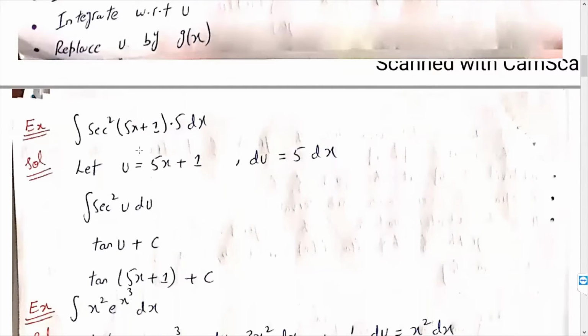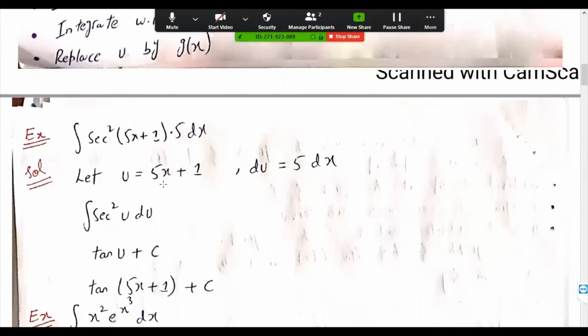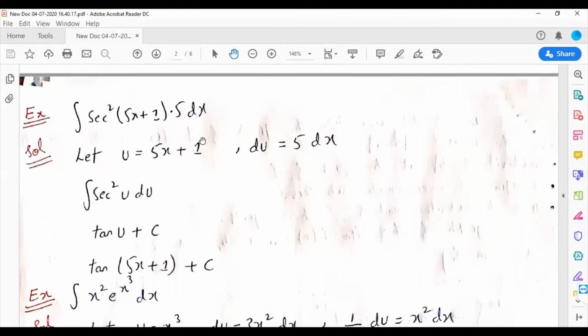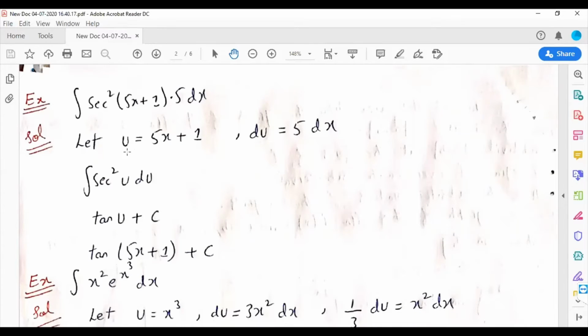So let's take u equals 5x plus 1. When you take the derivative of u, you will get 5 dx. Now 5 dx is part of the integrand. So what you will do is substitution: secant square u, and instead of 5 dx, write du.